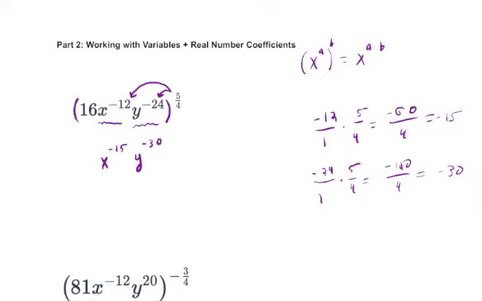Now here is what I would say is the really tricky part. You have to remember that these are just exponent rules. What we really have done here is taken the 4th root of x to the negative 12th to the 5th power. Whew! But we used exponent rules to simplify that.